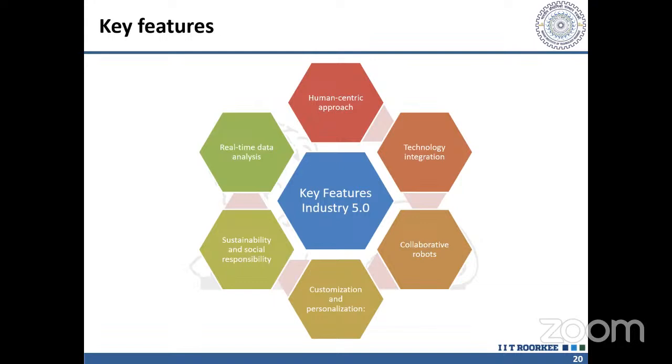This can be achieved through the use of renewable energy like solar power, optimizing production processes to reduce waste, and encouraging the use of eco-friendly materials. In addition, it emphasizes social responsibility, with manufacturers ensuring safe working conditions and fair treatment of workers throughout the supply chain.